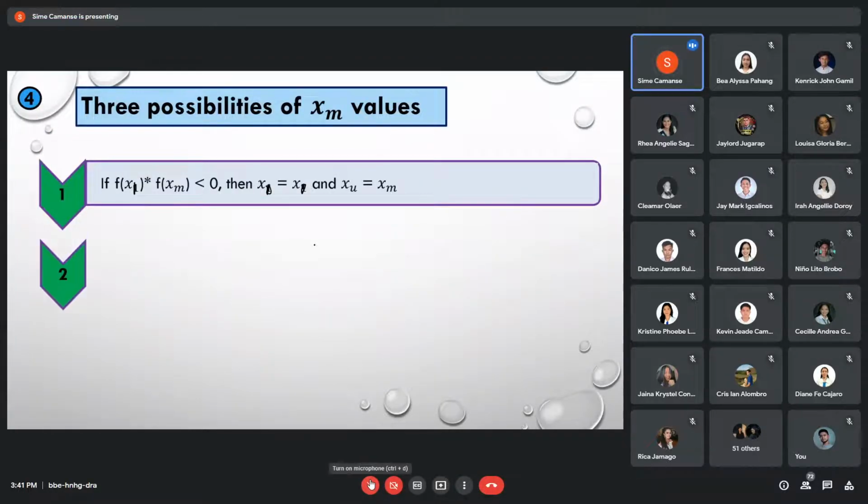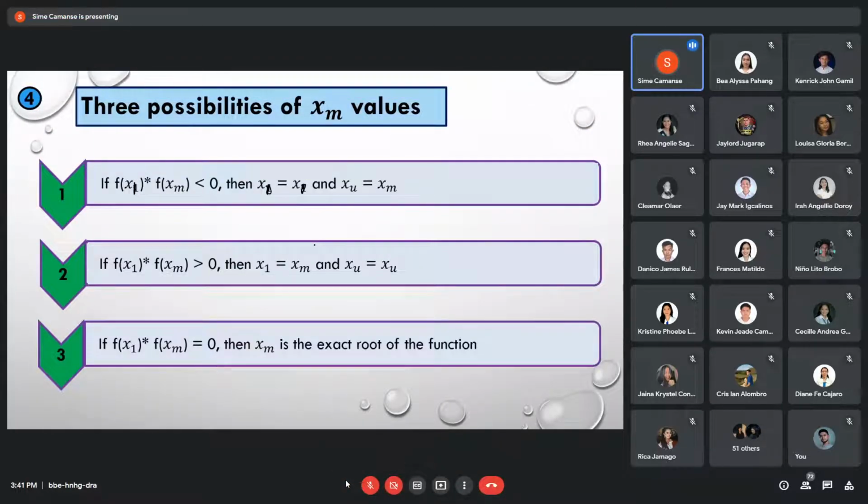Okay. Now, kaduha, kung ang imuhang function of x lower times f is positive, is greater than 0 or positive, so meaning to say silang duha negative. Okay, kay kani siya kay ang function of xl kay negative man as per graph. Nya kani siya kay kung greater than 0, so meaning to say negative ug negative yun na silang duha.